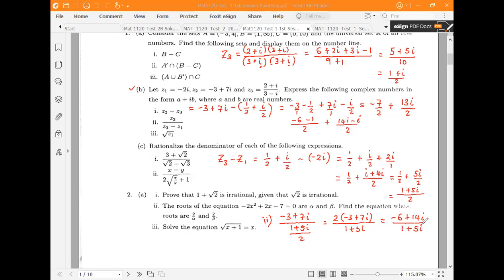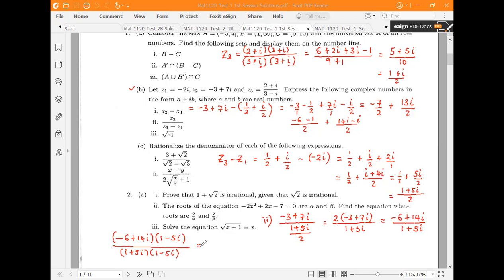So let's get it here, minus 6 plus 14i. We multiply by the conjugate of the denominator, 1 minus 5i. One plus 5i, we multiply by 1 minus 5i.